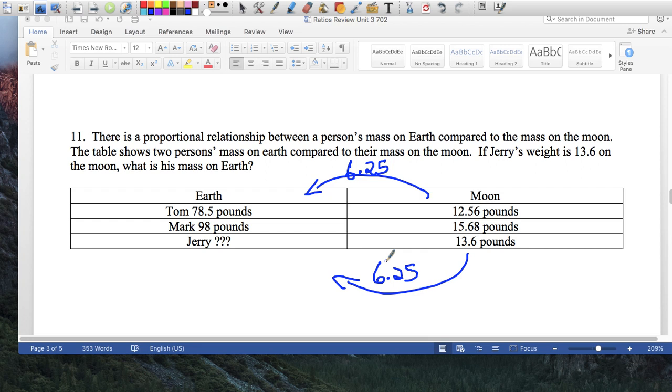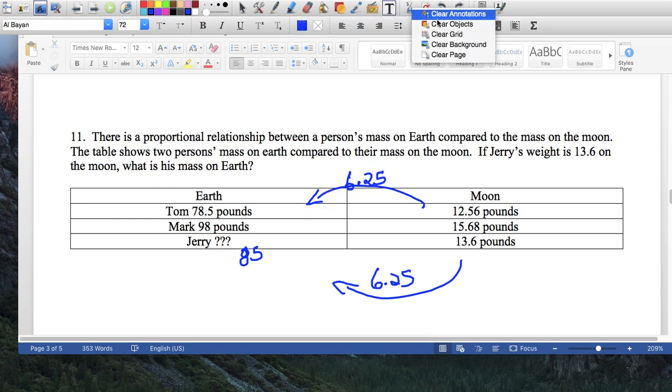Oh my god, I need a better calculator. 13.6 times 6.25, that would give us, and he would weigh 85 pounds. So obviously, Jerry is a kid still. Okay.